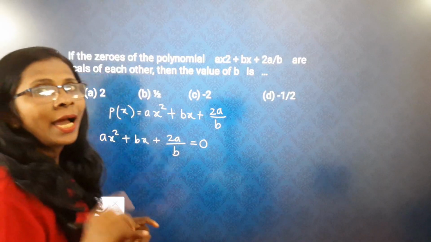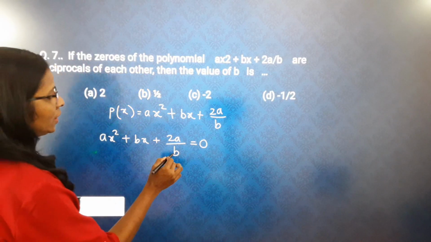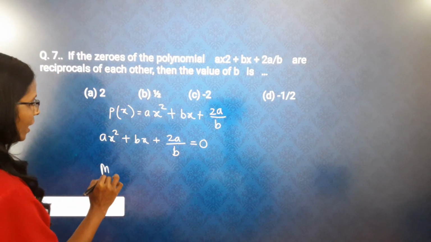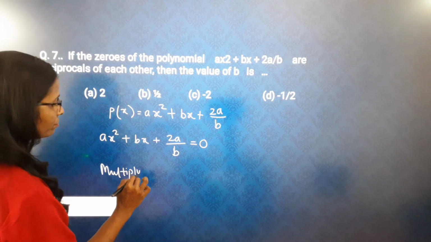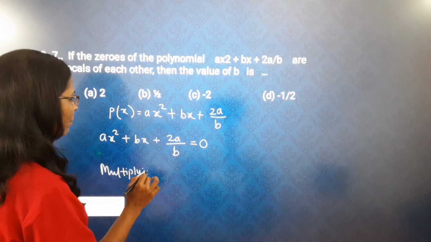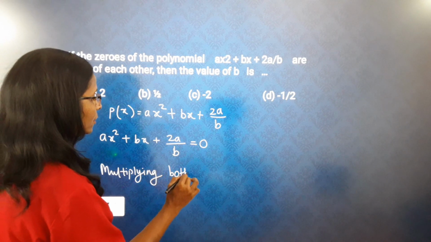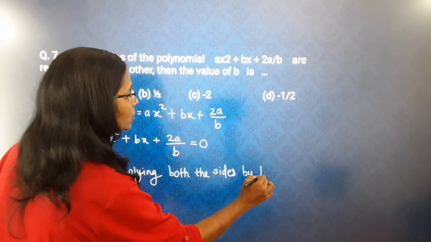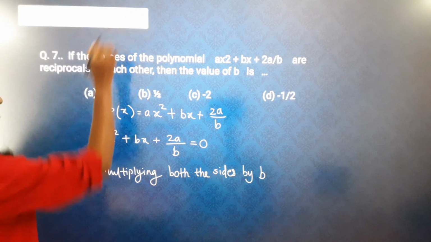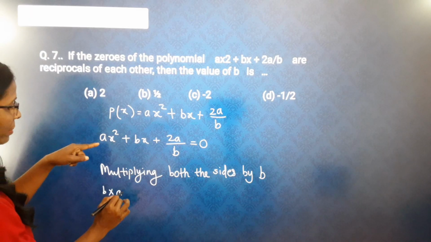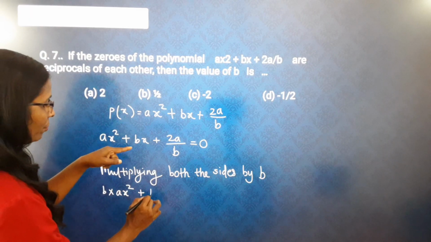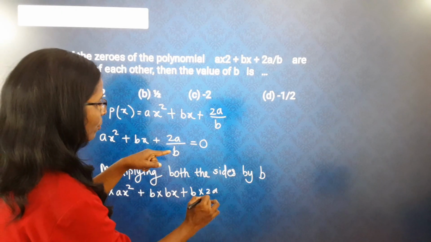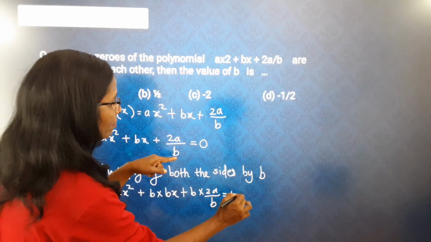Okay, so now I simplify here first, because there is a denominator in this term. So I write multiplying both the sides by b. So by multiplying this term by b, ax square plus b multiply bx plus b multiply 2a upon b is equal to b multiply 0.